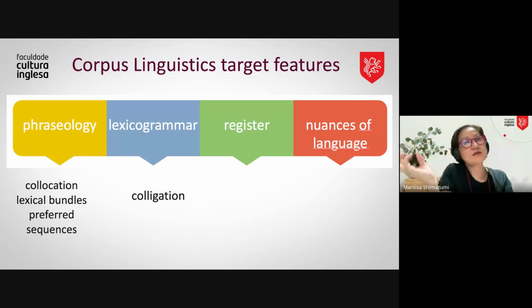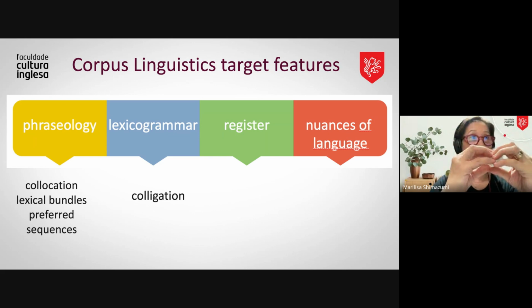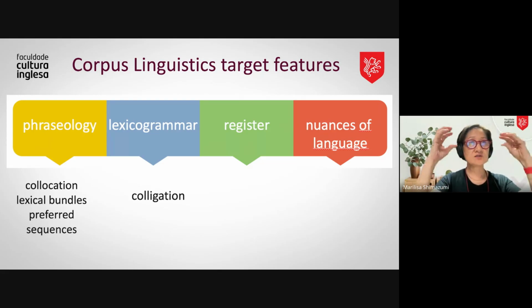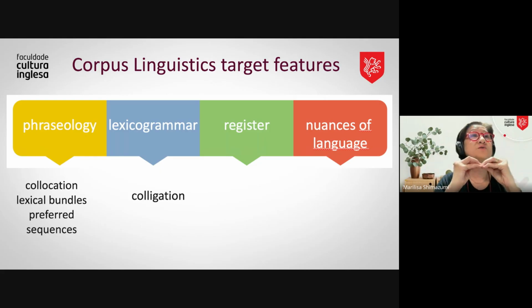So this is it, okay? Colligations are grammatical restrictions that bind words together through grammar. And collocations bind words together through meanings. But they work all together, you will see.